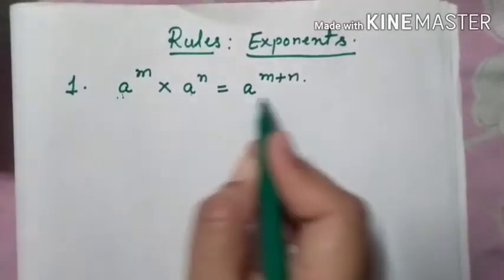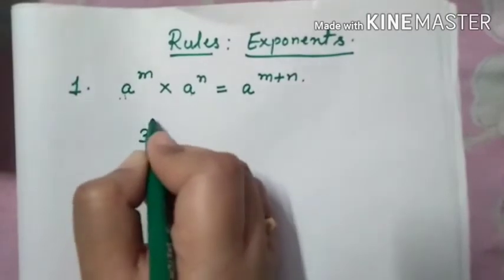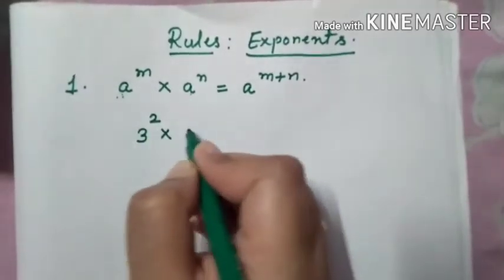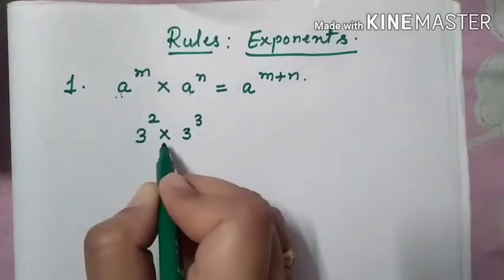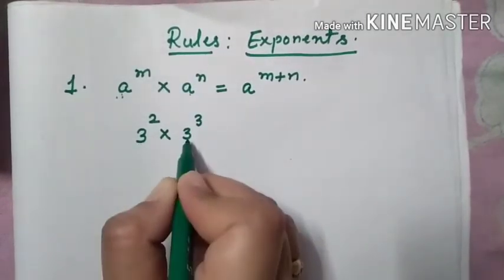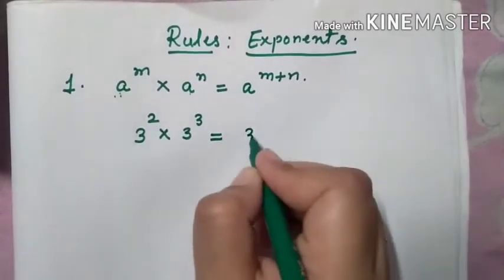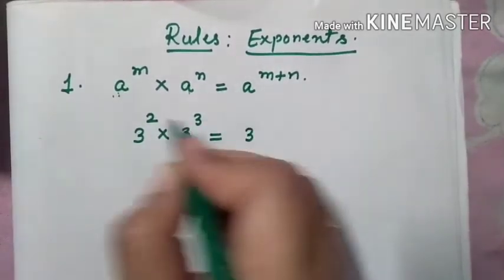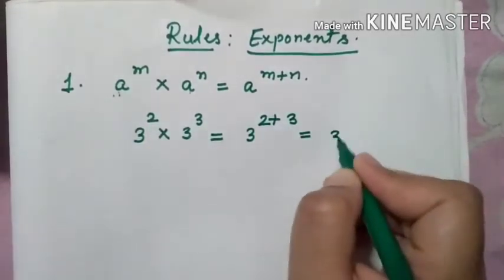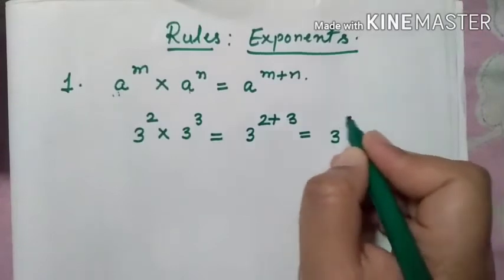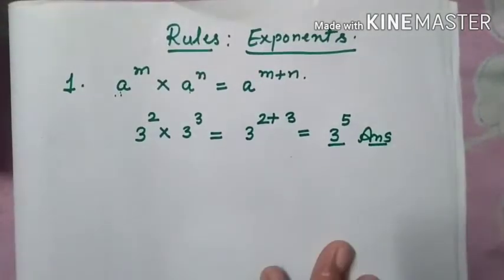I explain you this rule by taking one example. Suppose 3 raised to the power 2 is multiplied by 3 raised to the power 3. You can see here our base are same, so we add their powers, that is 3 is our base, so we add their powers, that is 2 plus 3. So our answer is 2 plus 3, that is 5, and this is our answer.